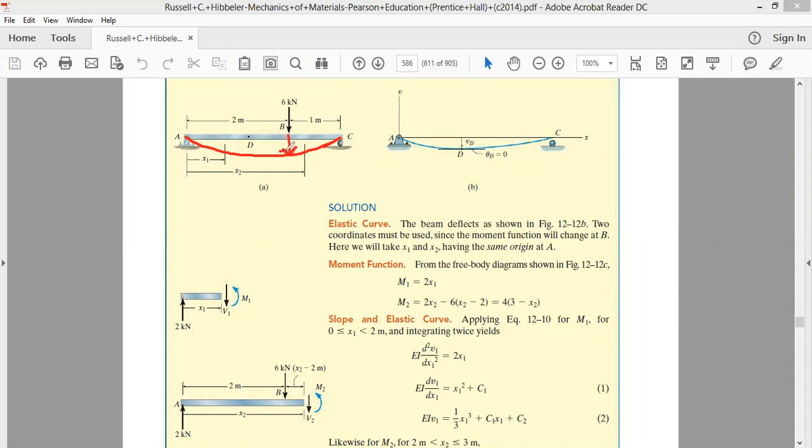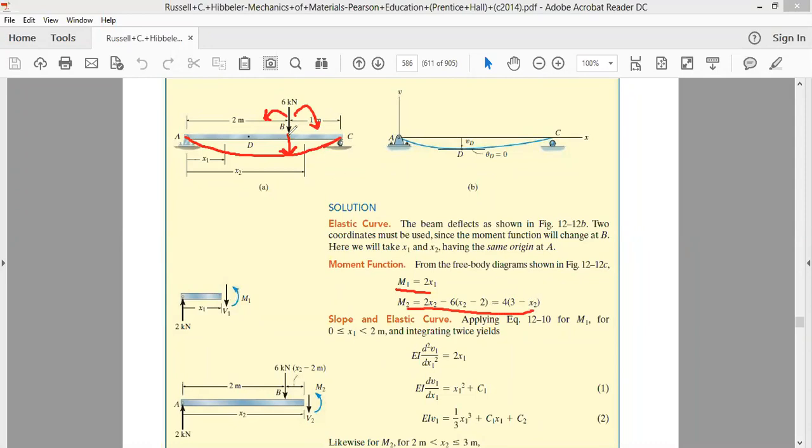This point B was the point where our division took place. On the left hand side of this point B we were calculating the deflection using this equation of the bending moment, and on the right hand side of this 6 kilonewton force, we were calculating the deflection using this equation of the bending moment.